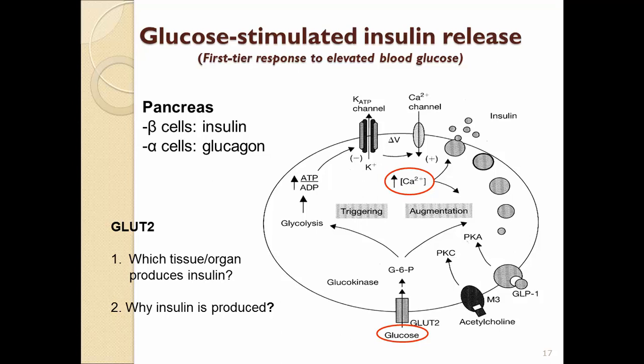So here I just wanted to tell you the process. This is the beta cell in the pancreas. And again, GLUT2 is the major transporter in the beta cells. Once glucose levels increase after a meal, in the fed condition, glucose can be taken up into the beta cell and go to the glycolysis pathway to make ATP.